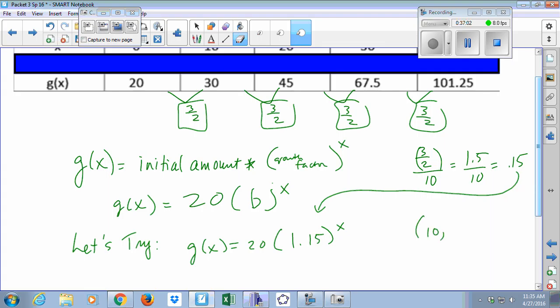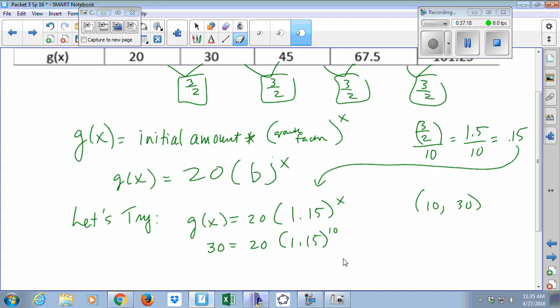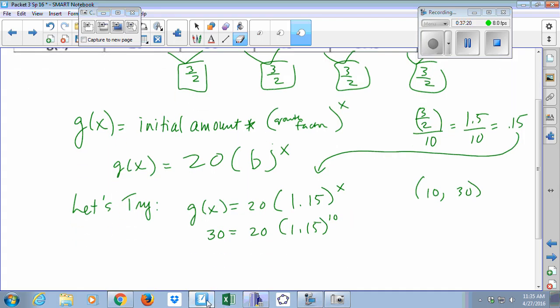When x is 10, what's my output? Look at your table. When x is 10, 30. Okay, so that means I put a 30 here and I put a 10 here and I check it with my calculator because this is what we really want to do. Let's see if this is right, and if it is, woohoo, we've got a really easy way of figuring out our exponential.